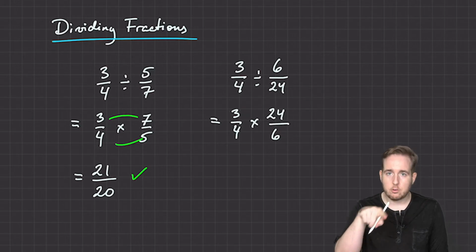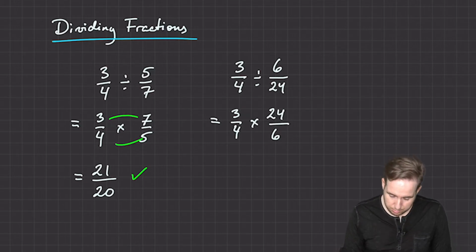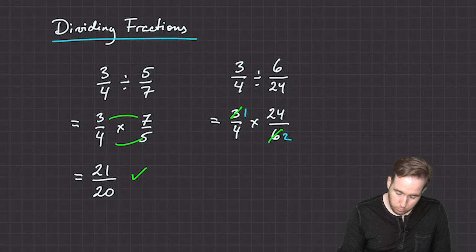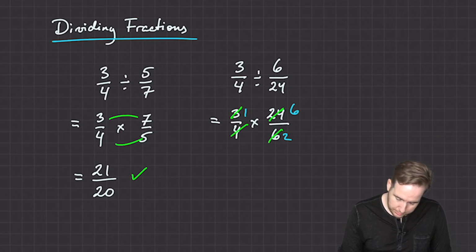So I can look at them across the times sign. So 3 and 6 are both divisible by 3, so they can be 1 and 2. And 4 and 24 are both divisible by 4. They can be 6 and 1.